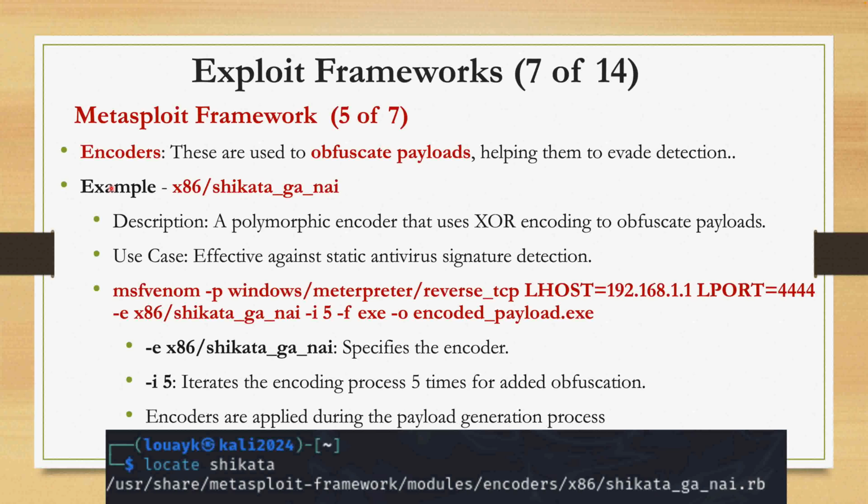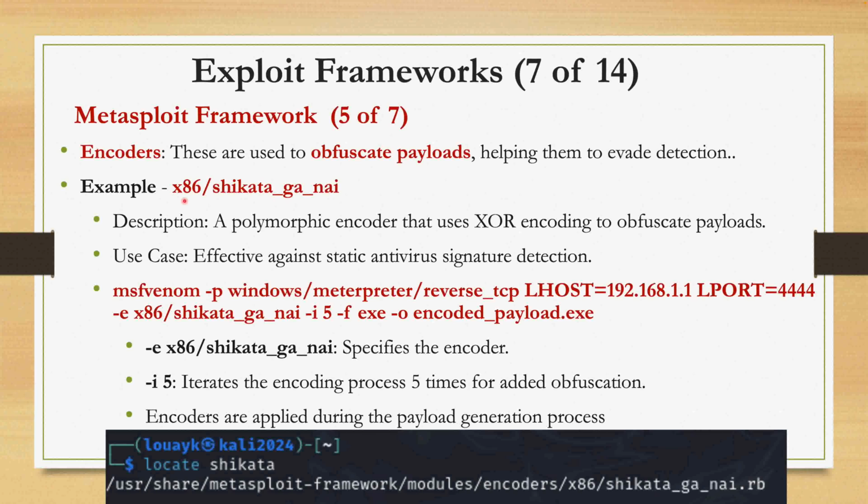Now we have encoders. These are used to obfuscate payloads, helping them to evade detection. Now, it uses, by the way, various techniques and algorithms to obfuscate the payload so that it does not get detected by antivirus software. Now, there are many, many types of encoders here.